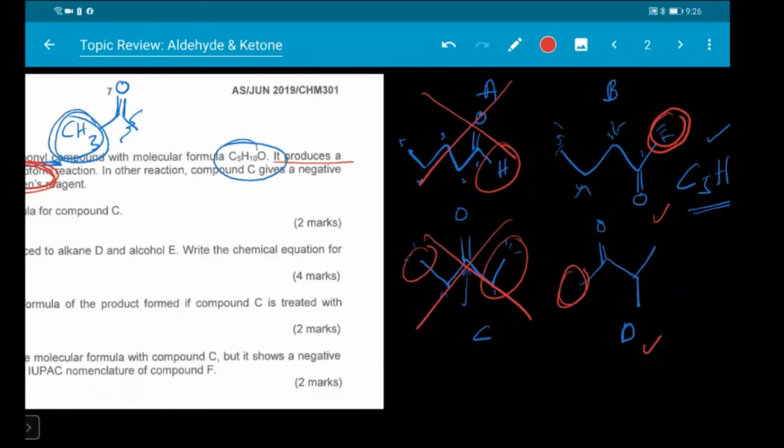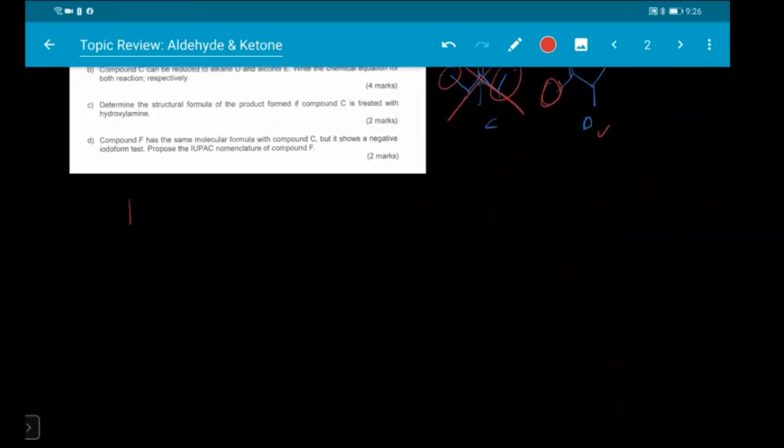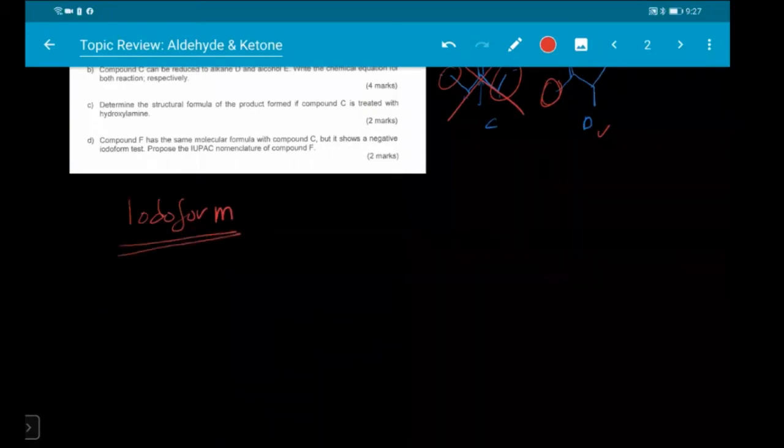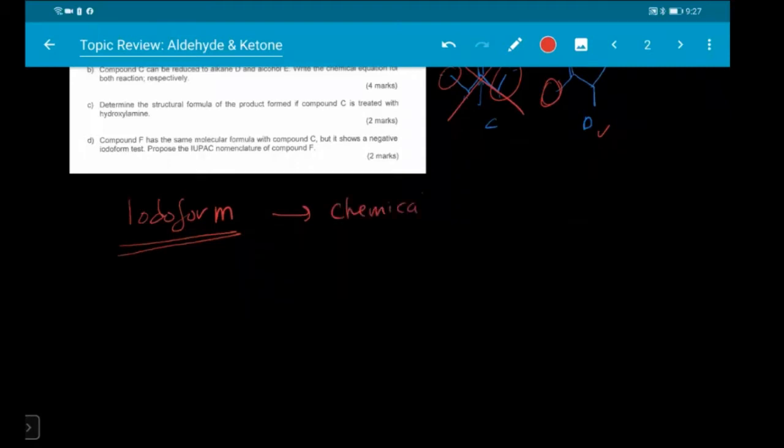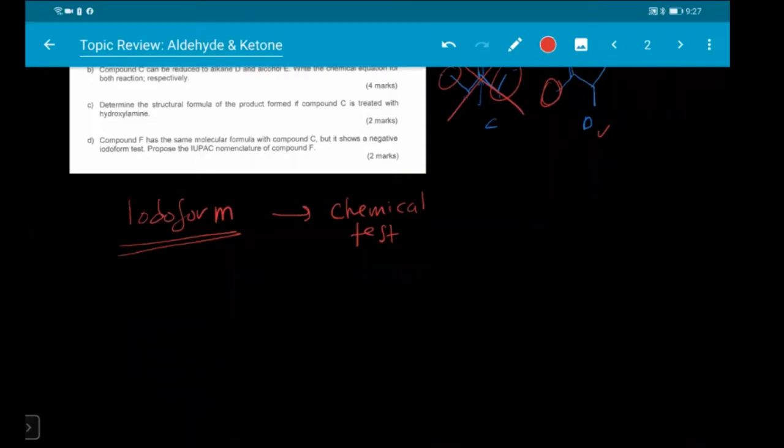Right? Before I explain you further, and because this is the keyword for the reaction just now, which is the iodoform. So, apa kena dengan iodoform? So, iodoform is part of chemical test. Alright, the name is iodoform. Whenever we describe chemical test, kena ada 3 perkara. Satu adalah nama dia. Kedua adalah reagent. Reagent dia apa?